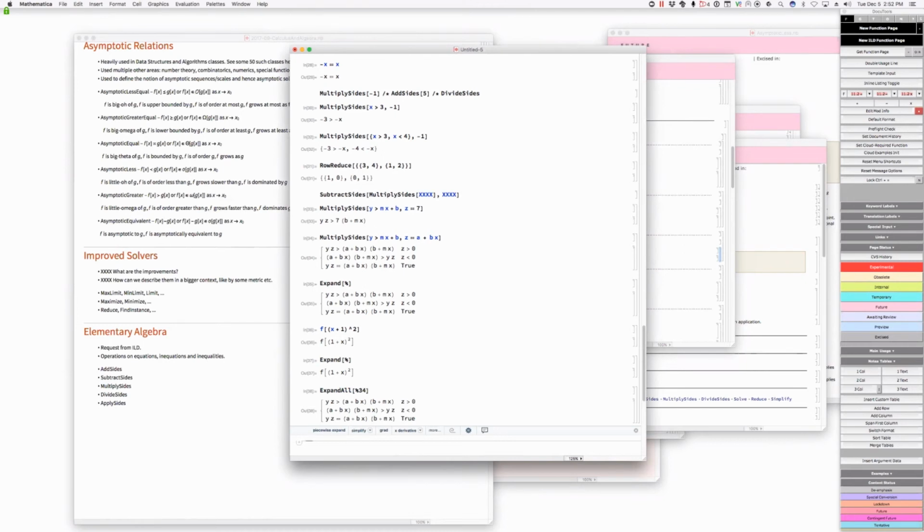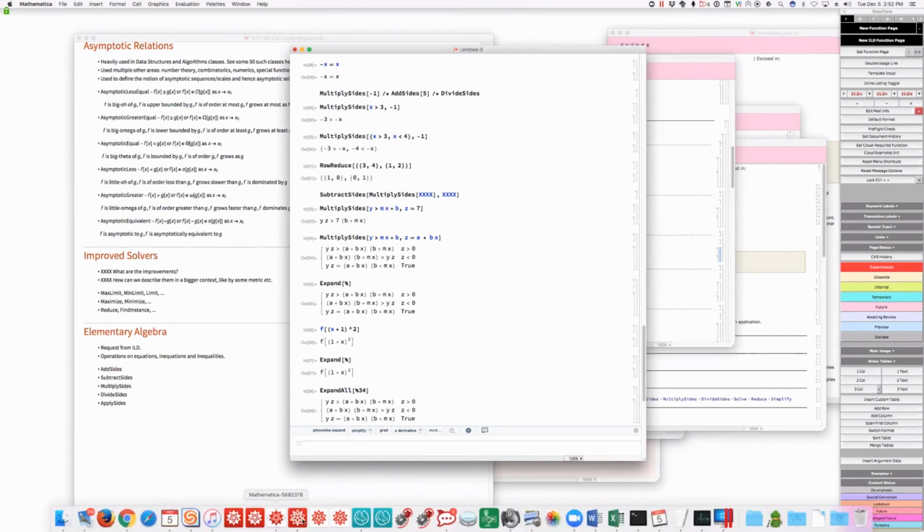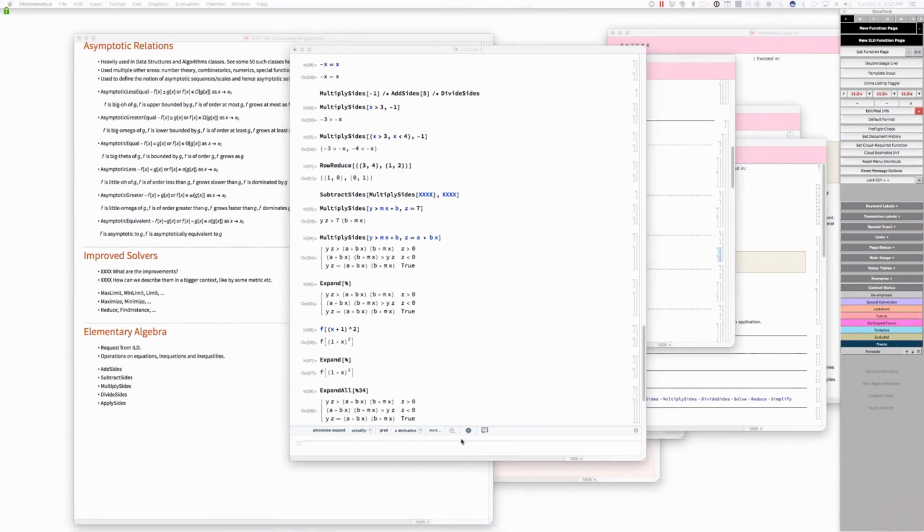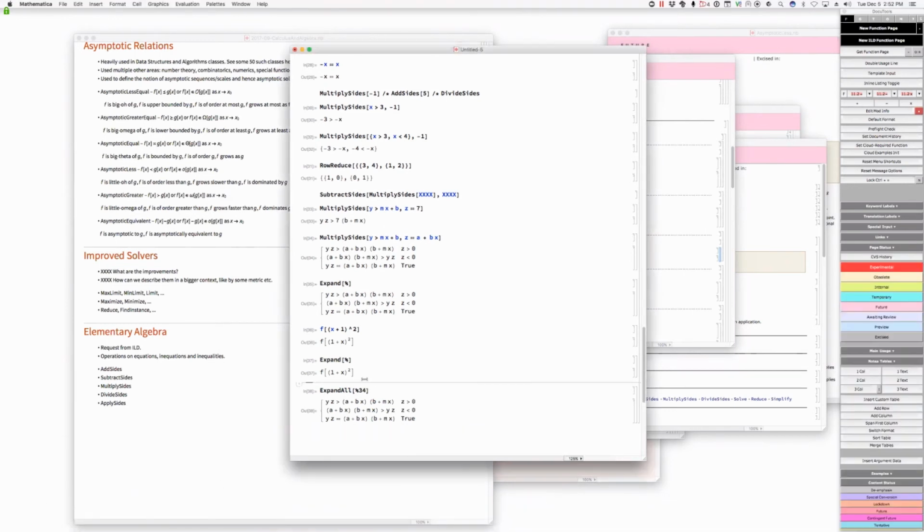But the question is, is piecewise an algebraic-like operation? What is a case where expand all has different behavior from expand? Well, f of x plus 1 squared. So this thing here, expand all, would go inside.